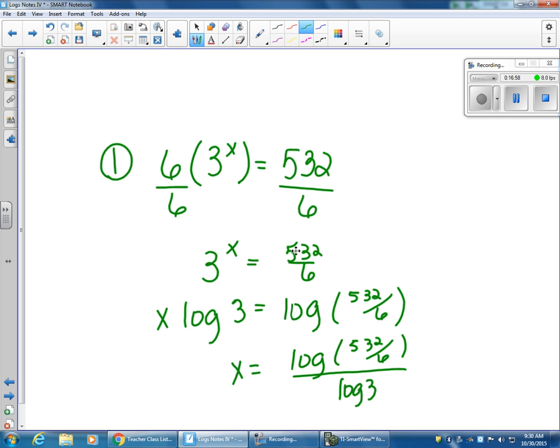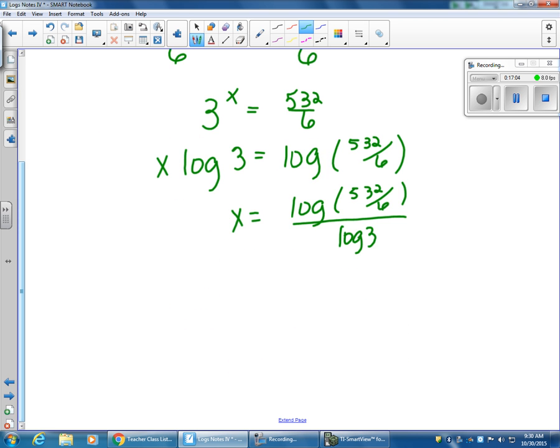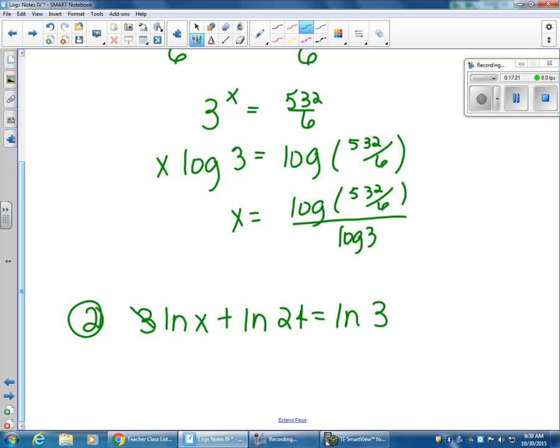And then quickly, you guys can finish that, but also look at number 2. Remember that ln is just the natural logarithm. All the rules of logs are the same for ln. So you have a 3 out in front. So the 3 comes up as an exponent.